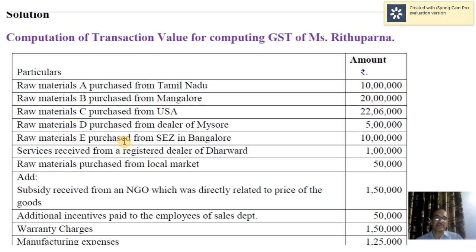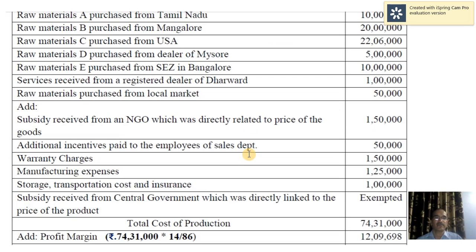Raw material E purchased from special economic zone in Bangalore, that's also part of transaction value. Services received from a registered dealer of Dharwad, yes, part of transaction value. Raw materials purchased from local market, that's also included in the transaction value. Then you have to add to the above items the following further items.